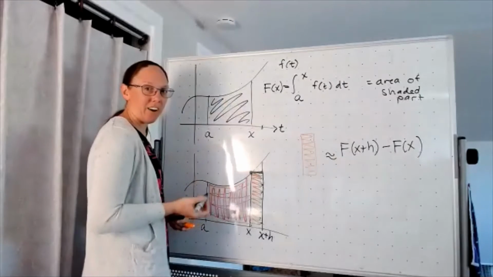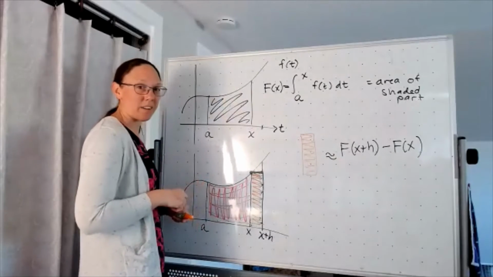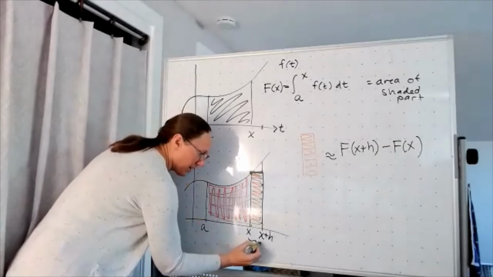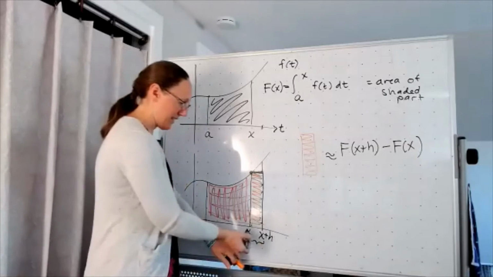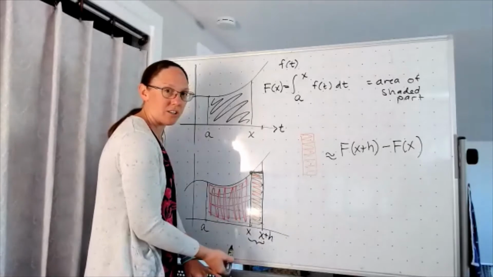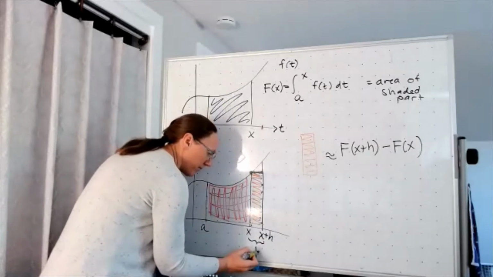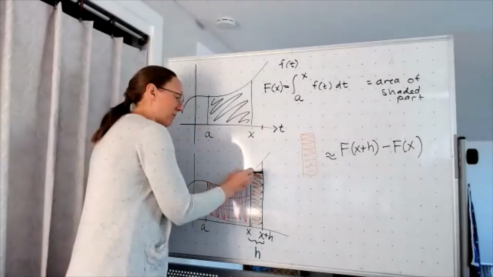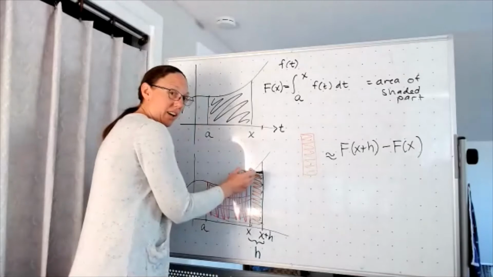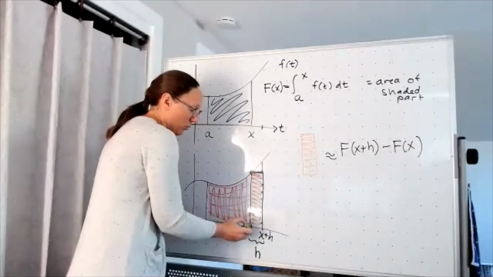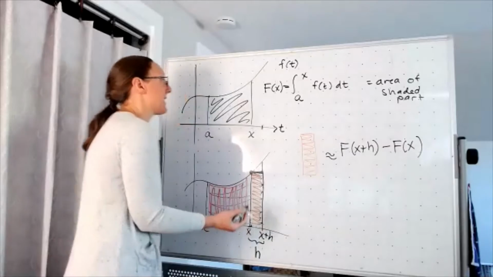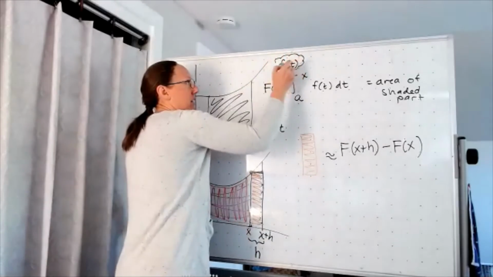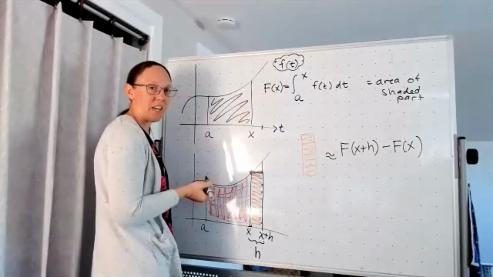And if I find the area of my orange rectangle, since it's a rectangle, I can do base times height. Well, my base here is the distance from x to x plus h, or just an h. And the height of my rectangle, as I've drawn it in, I'm going to find the height at a value of x. And remember up here, this was the function little f of t.